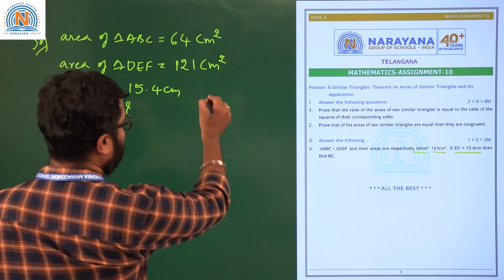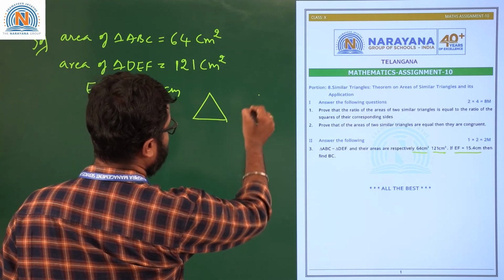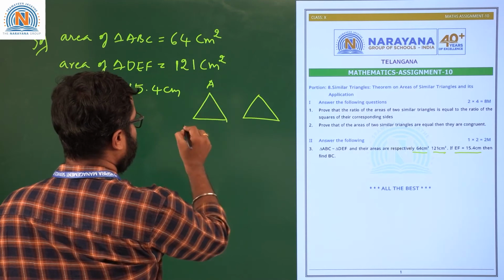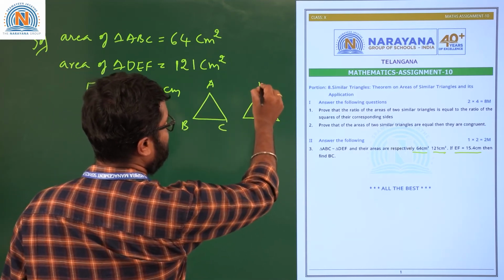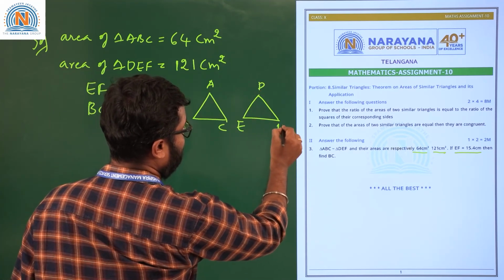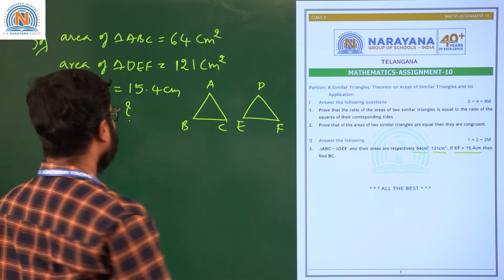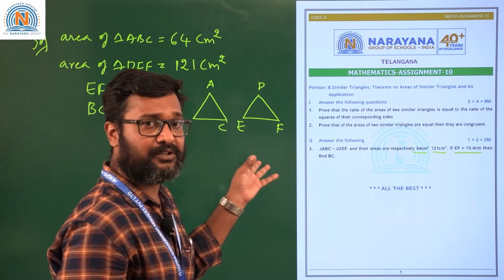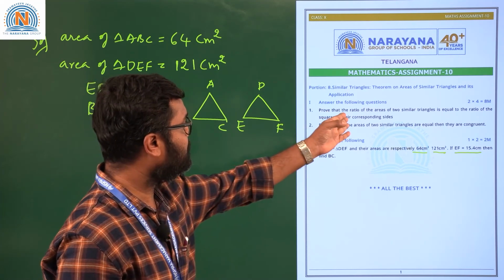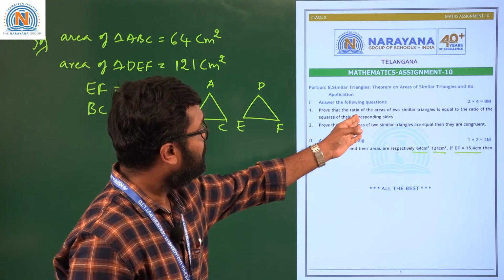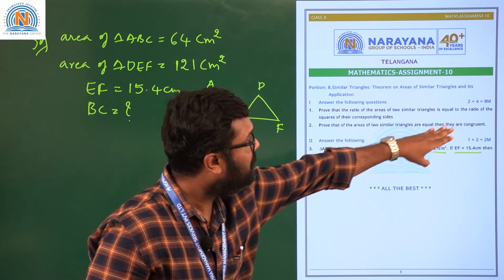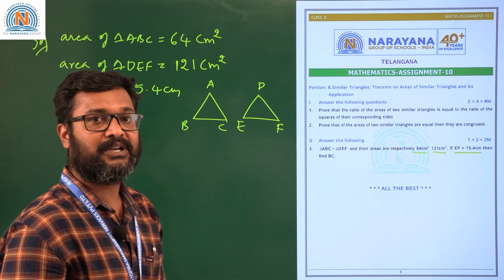See children, if you take two triangles here, this is triangle ABC and triangle DEF. This is A, B, C, and this is D, E, F. So here, being these two triangles are similar to each other, we can take this proof, that is, the ratio of the areas of two similar triangles is equal to the ratio of the squares of their corresponding sides.